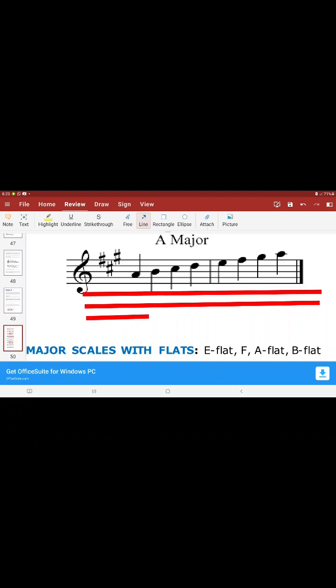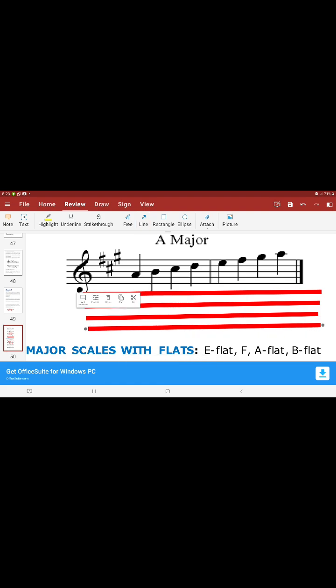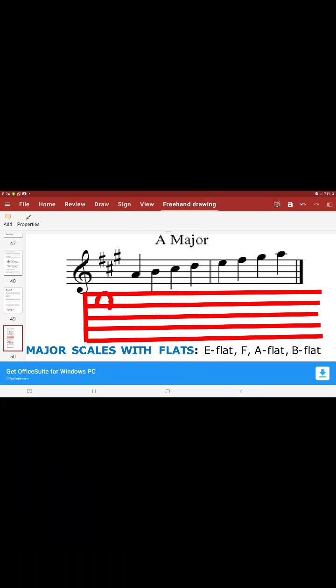Your five lines. Okay, that are five lines. So let's draw our bass clef.